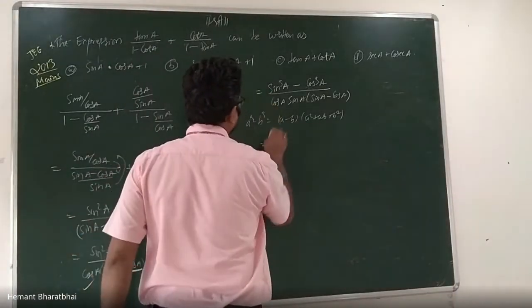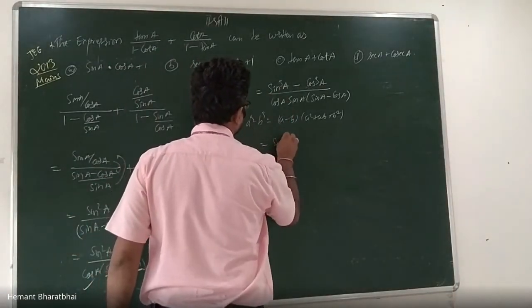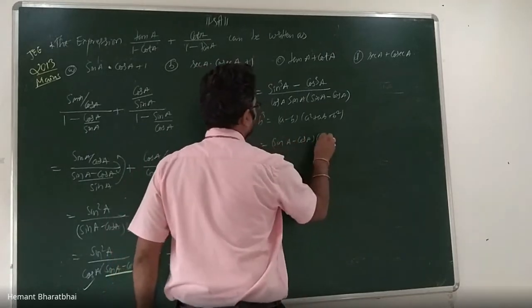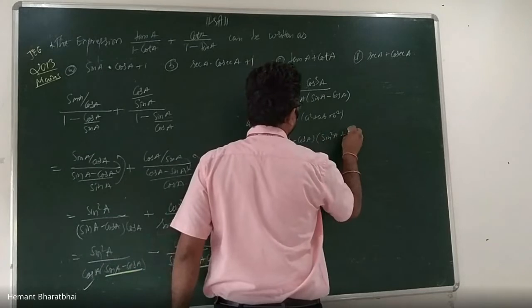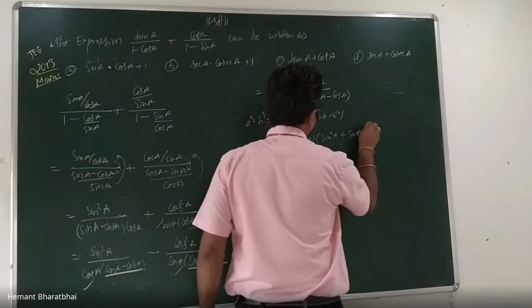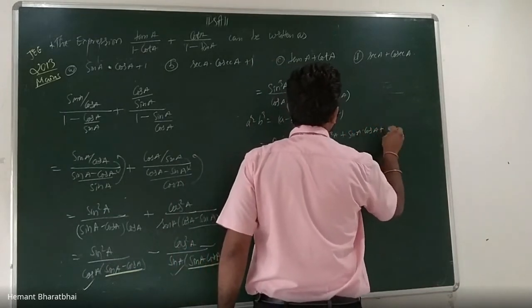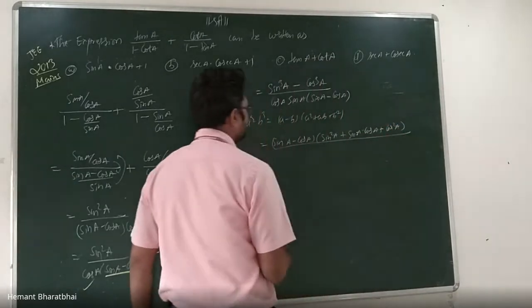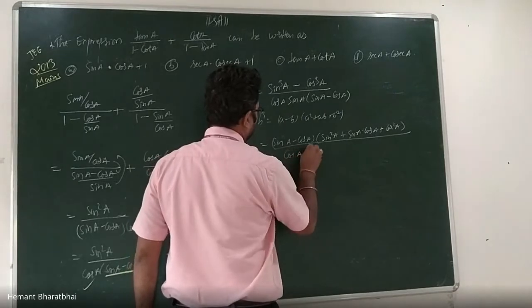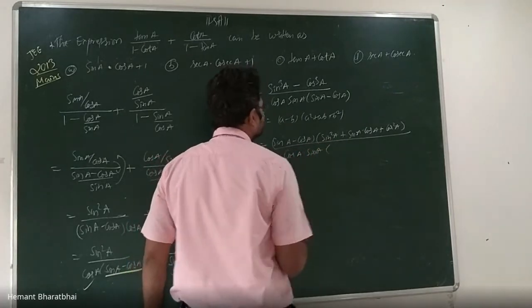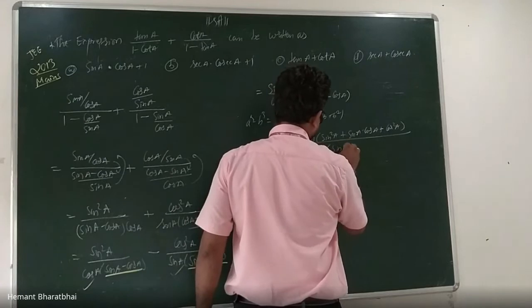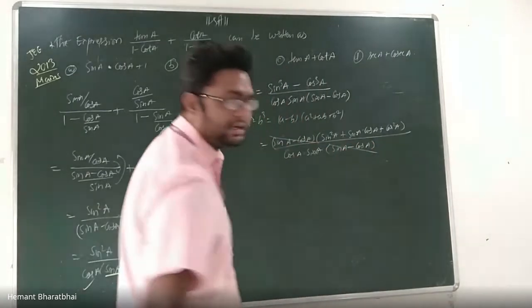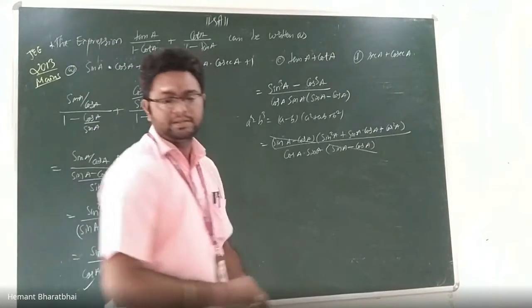Therefore, this will become sin A minus cos A into sin square A plus sin A into cos A plus cos square A, the whole upon cos A into sin A minus cos A. So sin A minus cos A, sin A minus cos A gets cancelled.